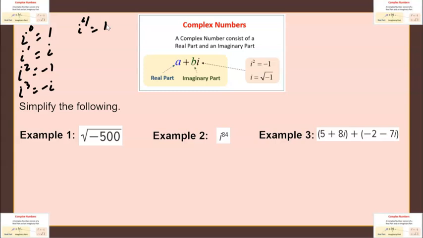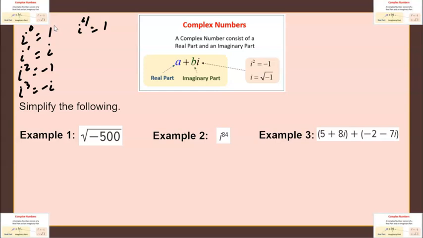So when you are solving example 2, I'll just do example 2 first: i to the 84th power. All I would have to do is take the exponent and divide that by 4, because every fourth power is going to equal 1.